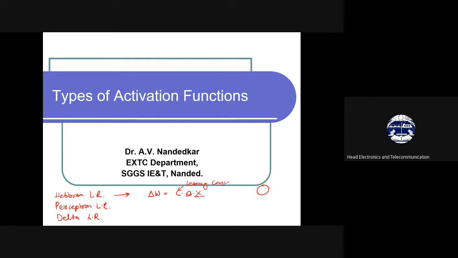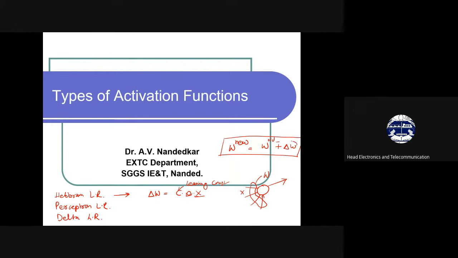So this is the structure, this is output, and these are all inputs, so that we call as X. So the weights associated here, we call it as W vector. So in general, W new is equal to W old plus delta W.